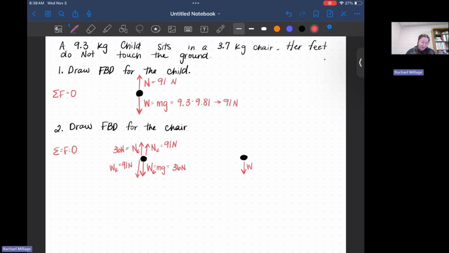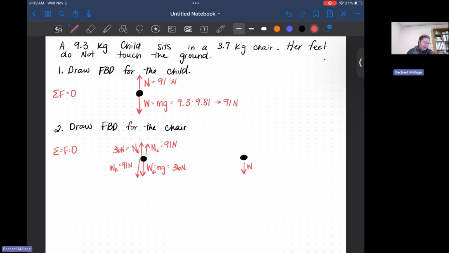The other way to think about it is I have a weight. I know my combined weight is going to be of the child and the chair. That's the total weight of that system. So instead of thinking about the child and the chair separately, I'm thinking of them together. So the mass of the child and the chair is going to be 9.3 plus 3.7, which is 13.